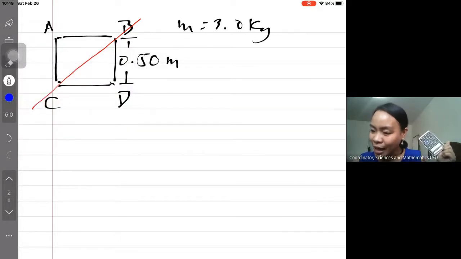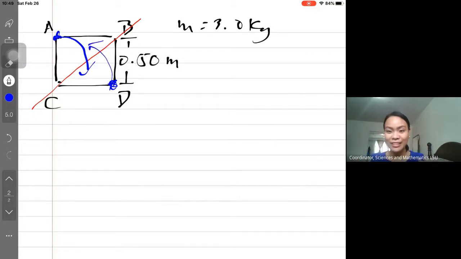It is A that rotates around that point, and it is D also that rotates around that point. So there are two masses rotating along that axis BC, which are points A and D.